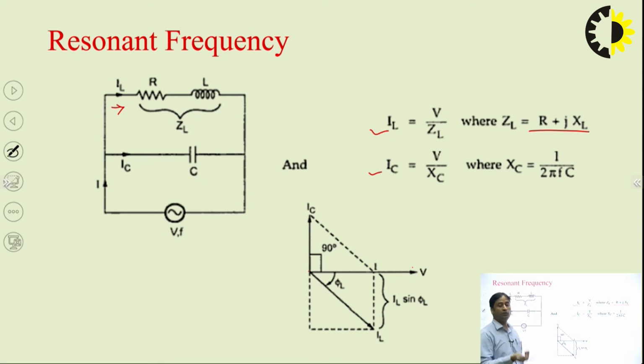The current leads the voltage by 90 degrees in a pure capacitor.